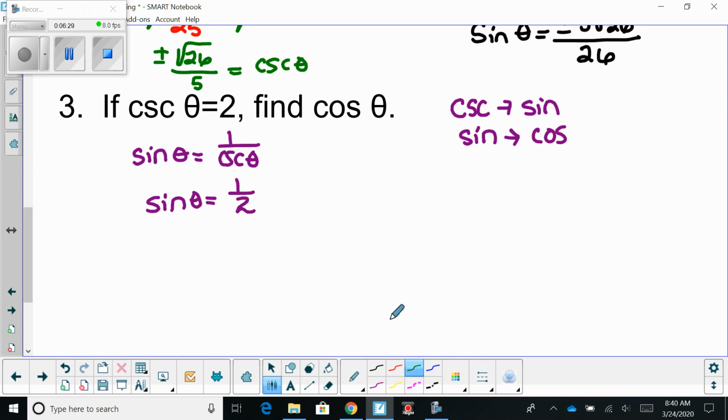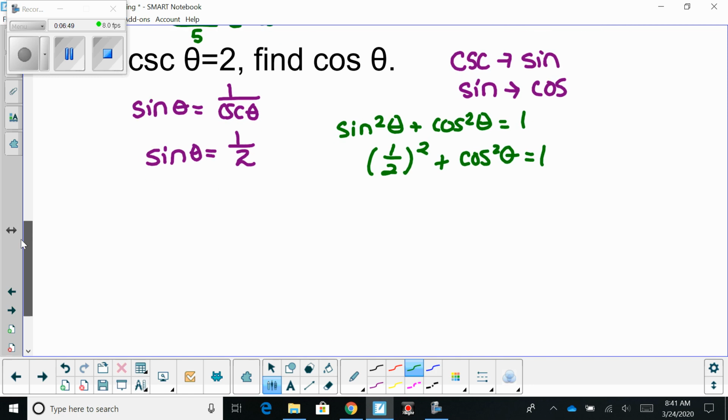And then I have the Pythagorean identity, sine squared theta plus cosine squared theta equals 1. So 1/2 squared plus cosine squared.